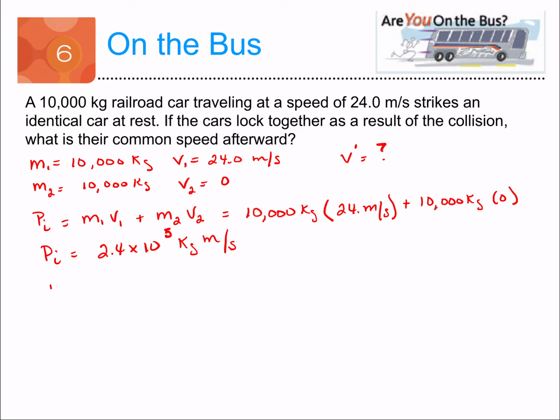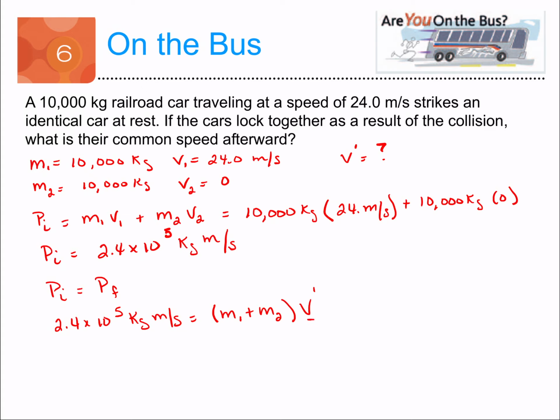We're asked to find the common speed afterwards. We know that initial momentum has to equal final momentum. My initial momentum is 2.4 times 10 to the 5th kilogram meters per second, and that equals our final, where the cars have a mass 1 plus a mass 2, but now they're moving with a common speed that we're calling v prime.